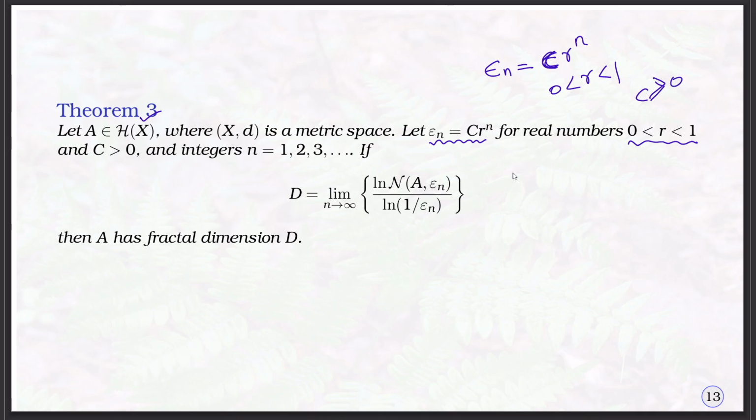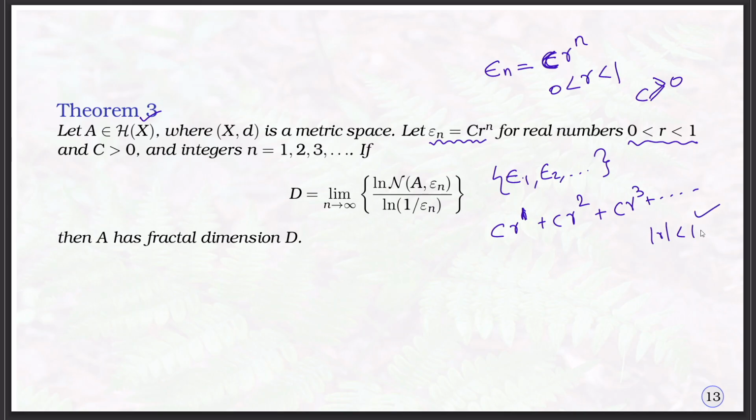Now, one can observe that we get a sequence epsilon 1, epsilon 2 up to epsilon n. One can get the geometric series C r power 1 plus C r power 2, C r power 3 and so on. This geometric series converges obviously when modulus of r is less than 1.